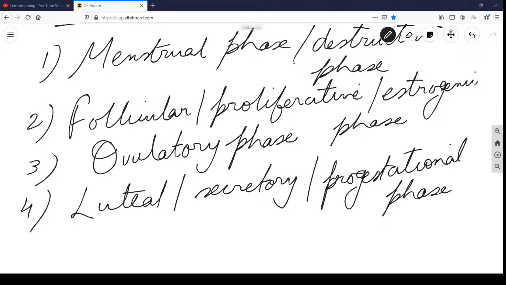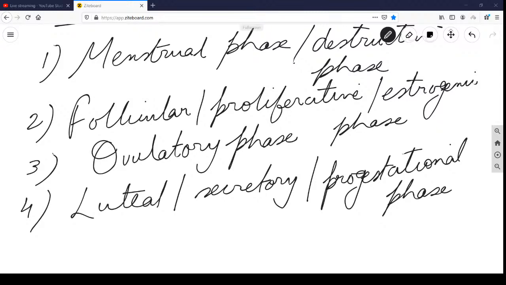So day 1 to 4 or sometimes 5 is the destructive or menstrual phase. Then day 5 to 12 or 13 is the follicular phase. If you count it like that, the follicular phase is almost 8 days, so day 1 to 8 would be your follicular days.